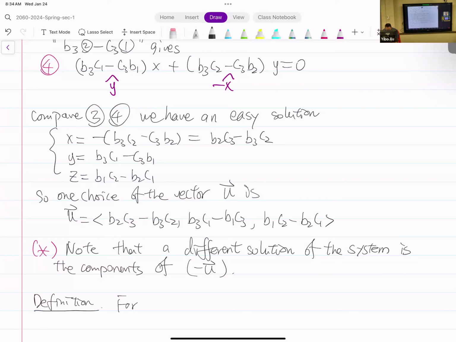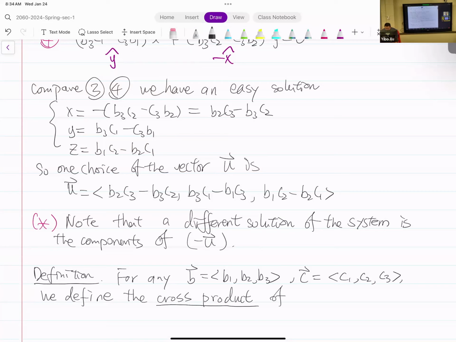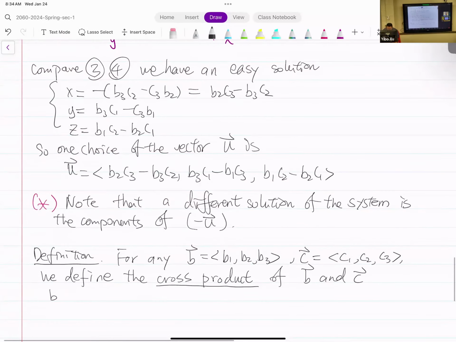For any vector B with components B1, B2, B3, and C with components C1, C2, C3, we define the cross product of B and C by this equation.